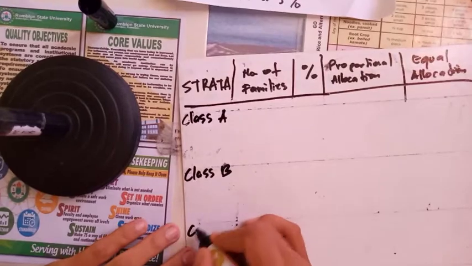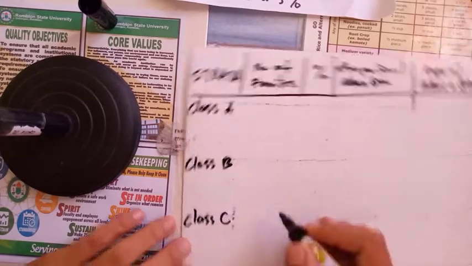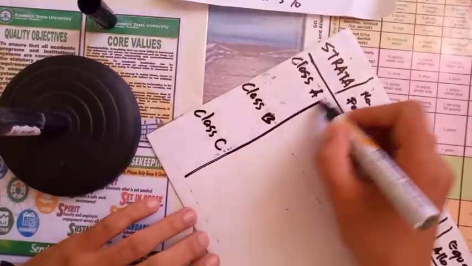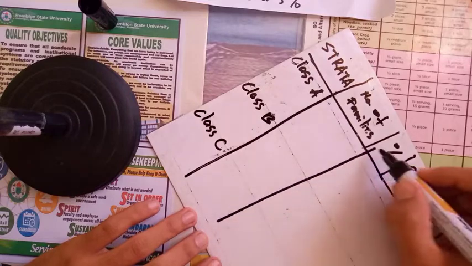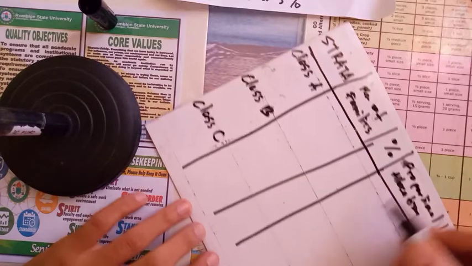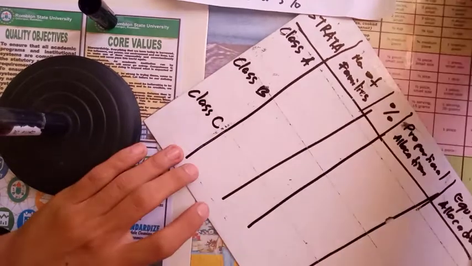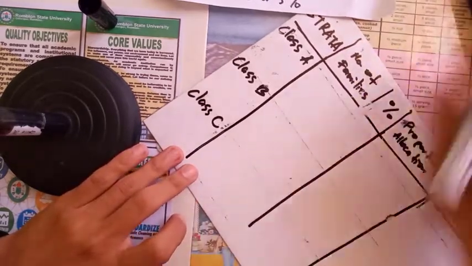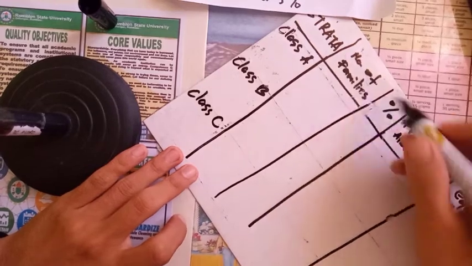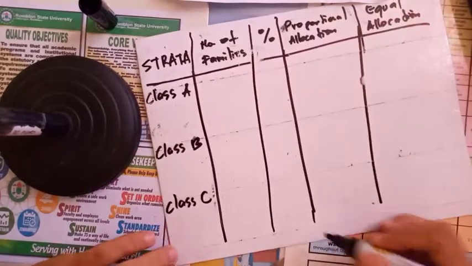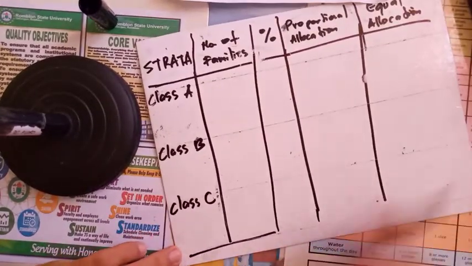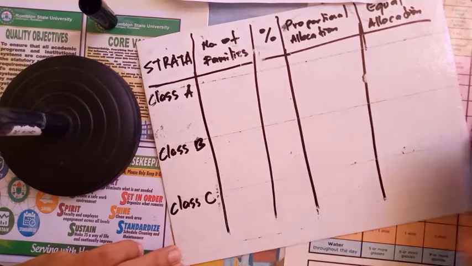And the class C, para mas malinaw. Okay, so lagyan muna natin ng the percent and the strata. Ayusin natin. Okay. So ayan na. Lagyan tayo ng space para sa ating n.